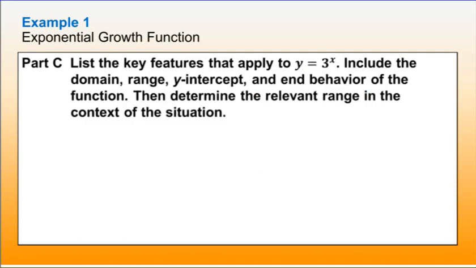Then moving on to part C: list the key features that apply to y equals 3 to the x power, include the domain, range, y-intercept, and the end behavior of the function, and then determine the relevant range in the context of the situation. So the domain is going to be all real numbers.